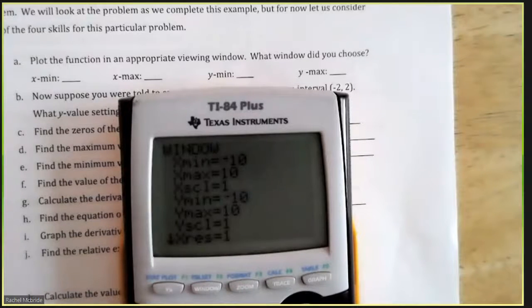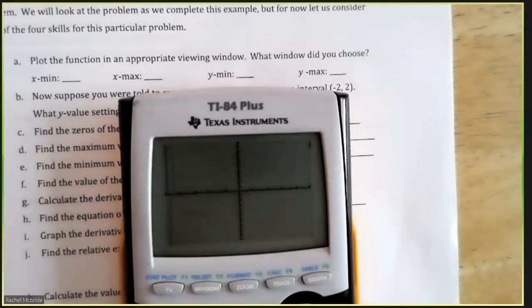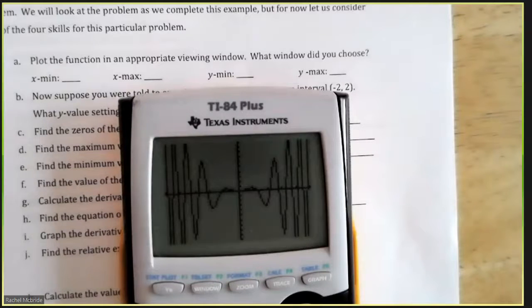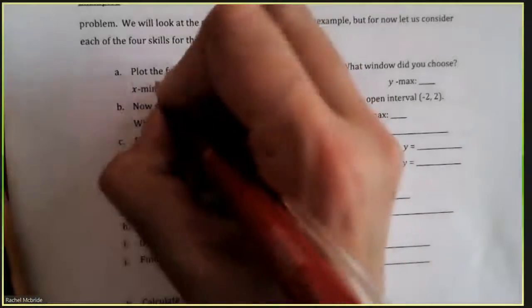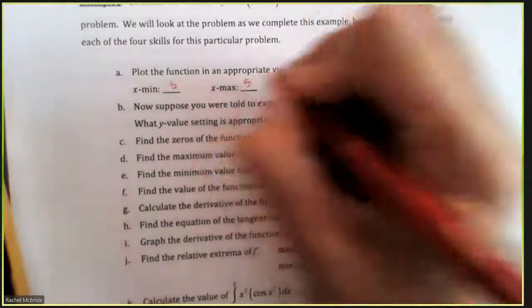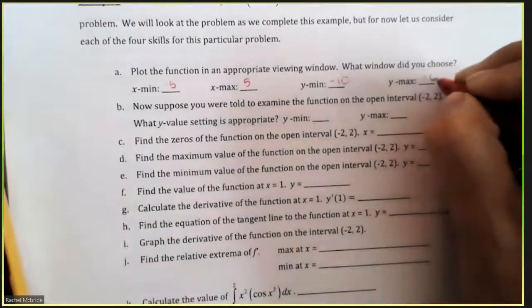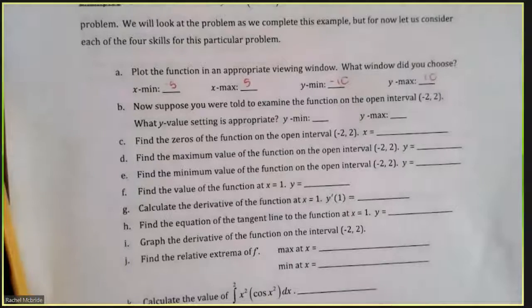Let's go to -5 to 5. That's pretty good. I might even be able to go in a little bit more, but that initial window of -5 to 5 isn't bad.